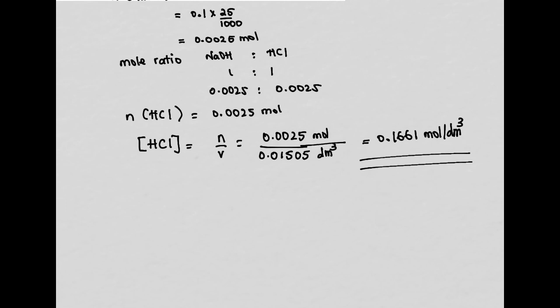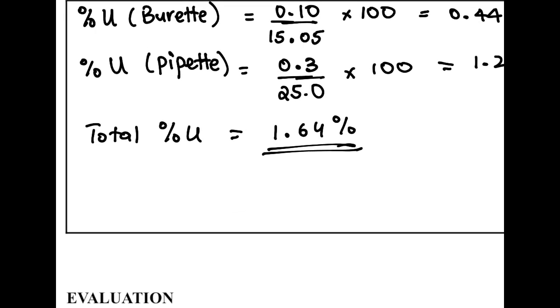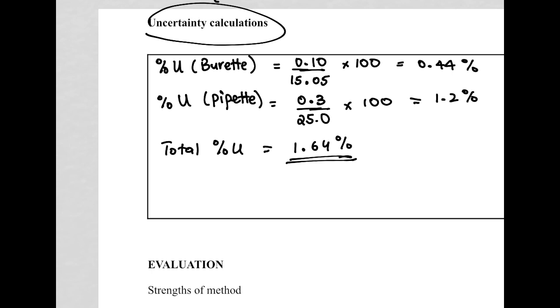Which means now that I'm going to find the absolute uncertainty, which means, what is the value of uncertainty? What is the value of error in my calculated concentration? So absolute uncertainty is percentage uncertainty divided by 100 times the calculated value.